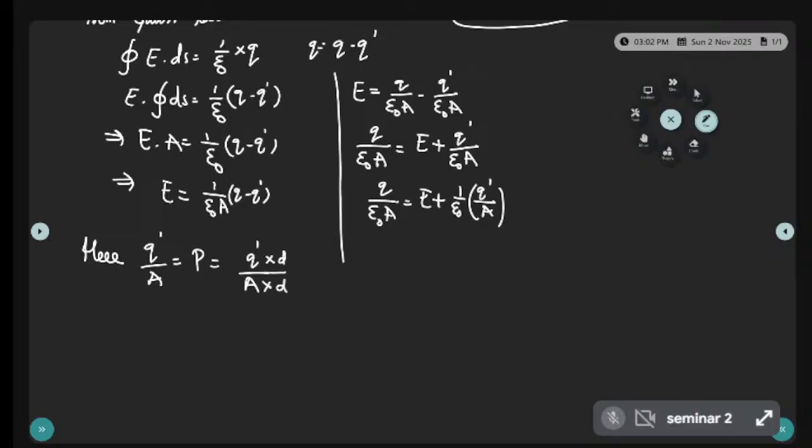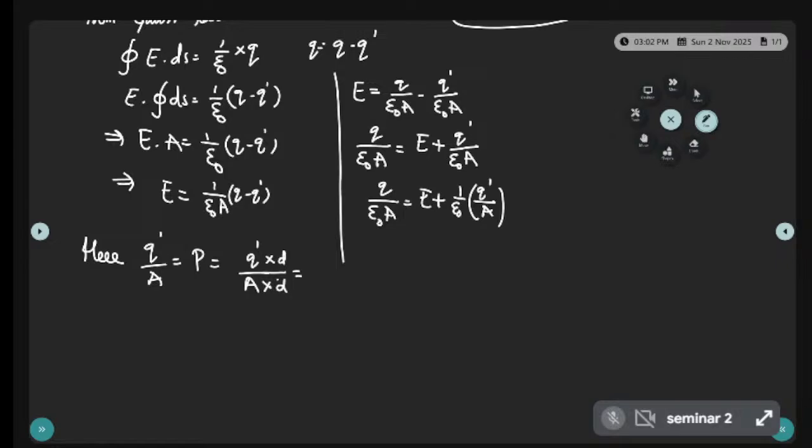Any change in the equation? Any difference between these two equations? Both are the same as per mathematics. In mathematics, if the same number is multiplied in numerator and denominator, is the equation going to change? No. Now, what is Q prime? The induced charge on the material that is kept between the plates.